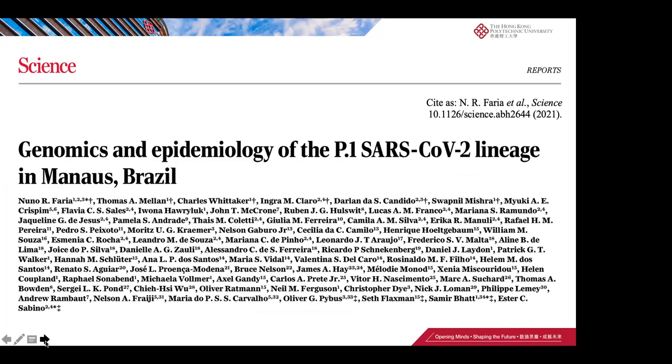There were a lot of deaths in the city. And after that, the team, also with many famous researchers, published another paper. They say this was due to the gamma strain, the P1 variant, which emerged in that city, causing the second wave.